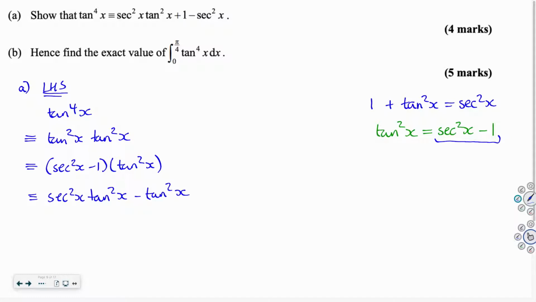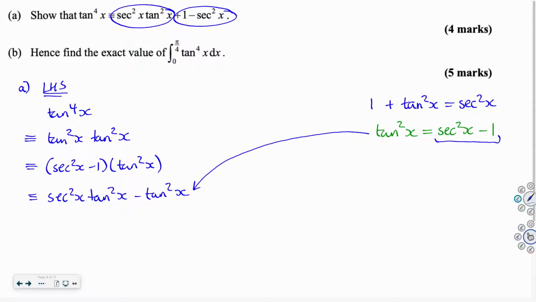Now, if we look here, we want a tan squared x sec squared x, and we've got that here. The thing that we don't want is the negative tan squared x. We want that to be 1 minus sec squared x. So we're going to replace the tan squared x by sec squared x minus 1.